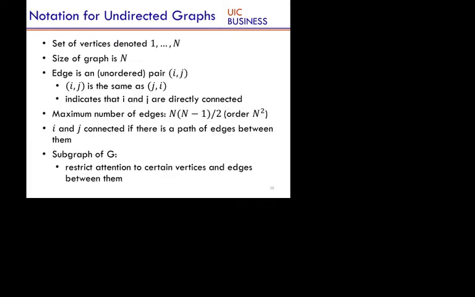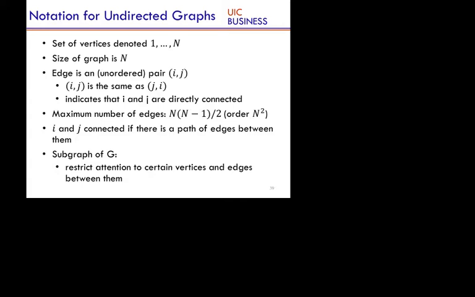So let's now look at some terms associated with an undirected graph. First of all, when I draw a graph, there's going to be a bunch of vertices, right? So I'm going to enumerate them as 1 to n. And then I'm going to call the size of the graph the highest index, so the size of the graph is n.